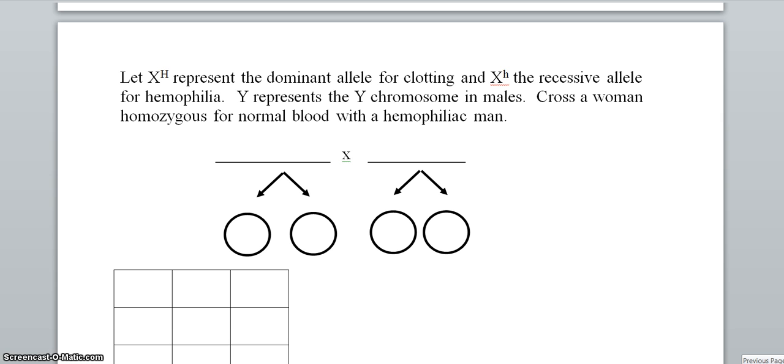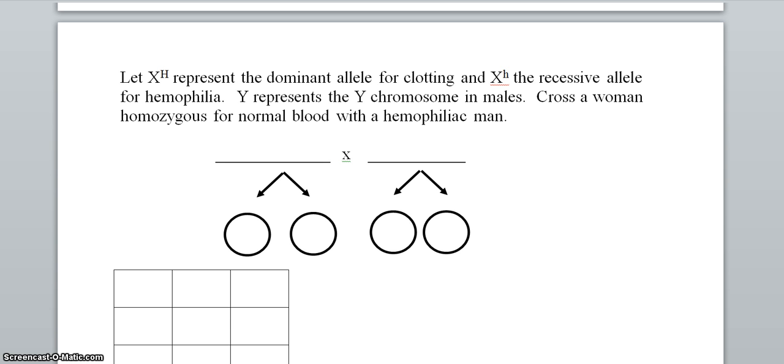And since this gene is X-linked, it's a sex-linked trait, it is not present on the Y chromosome. So the males in this case are dealt with whatever X chromosome they received from their mother. That's the allele on that X chromosome that they're stuck with. They don't have any other X chromosome to compensate for it if it is messed up.